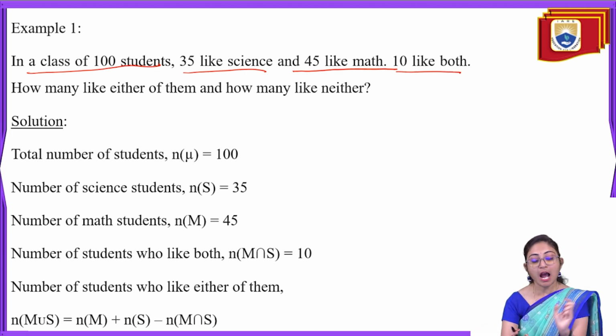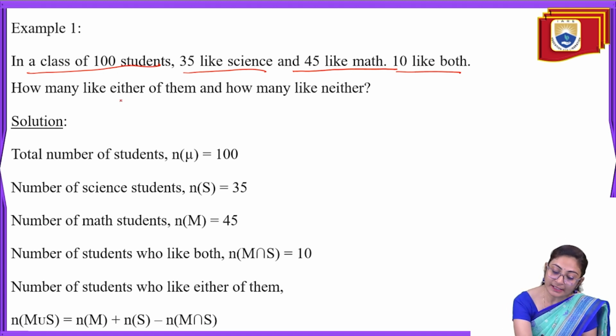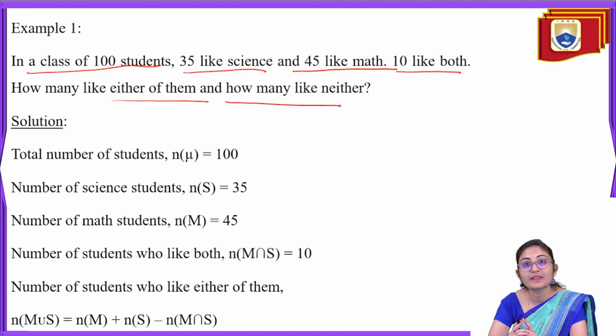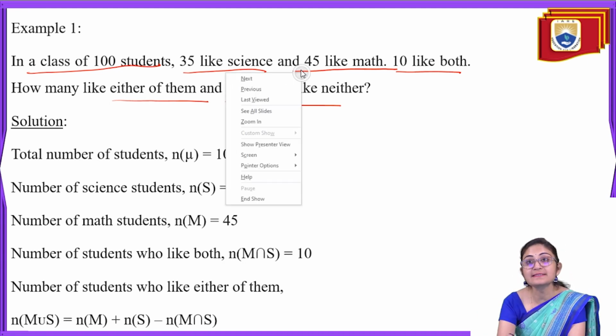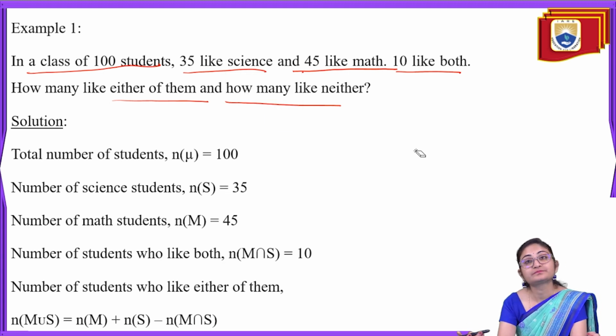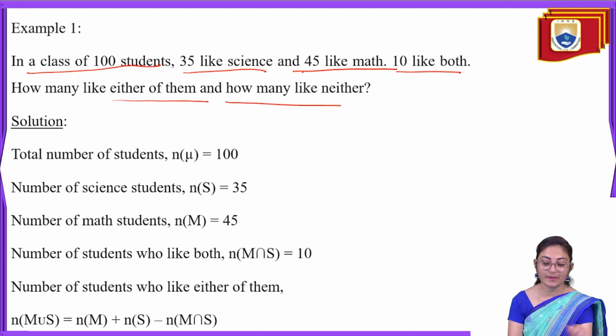How many like either of them and how many like neither? You have 100 students, 35 like science, 45 like maths and 10 like both science and maths. Now we will see the solution.